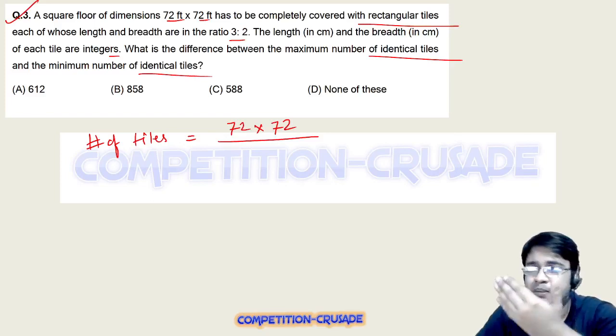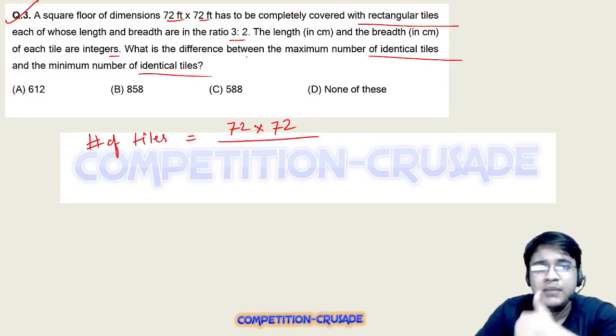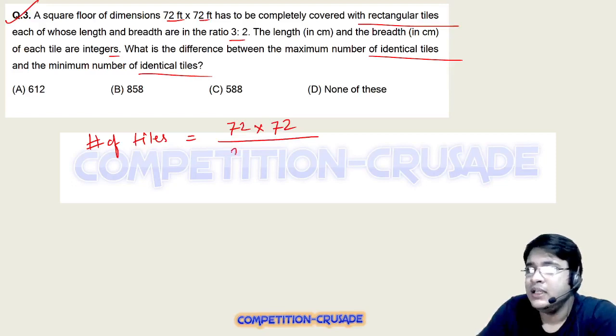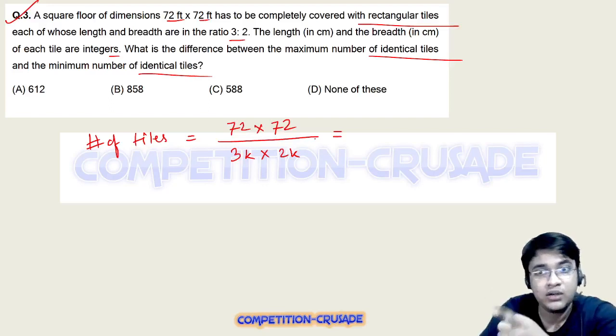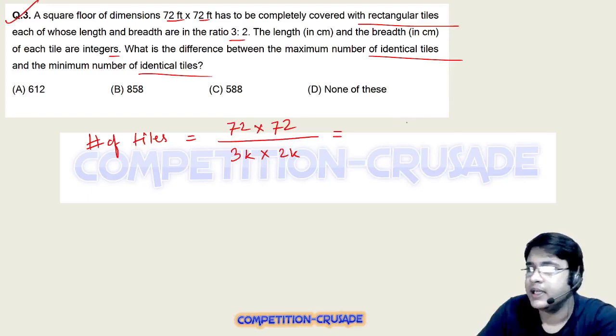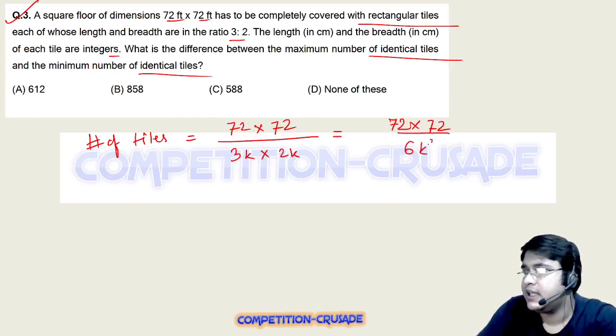Now I will divide by the area of the rectangular tiles. But remember I cannot do 2 into 3, that is 6. I'll have to do 3k into 2k, which translates to 6k square, not 6k. This is where most people will make a mistake: 72 into 72 upon 6k square.